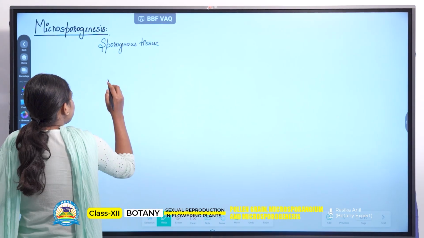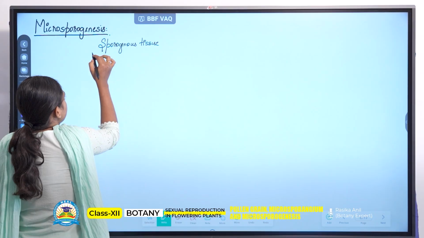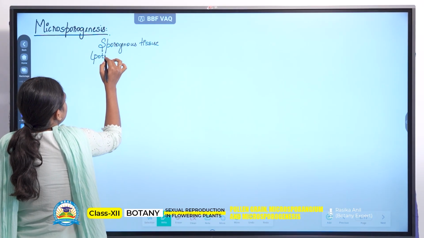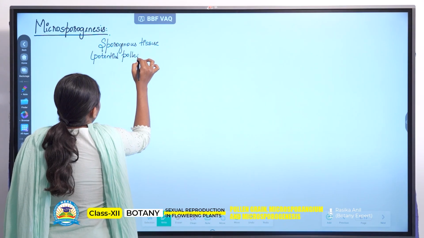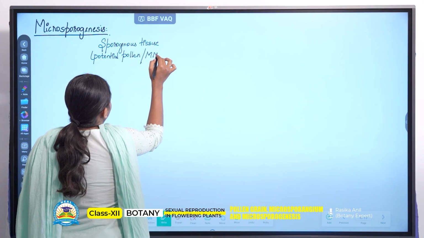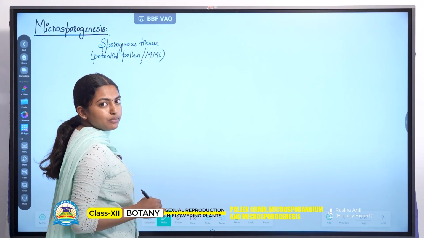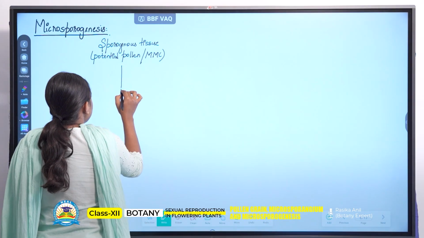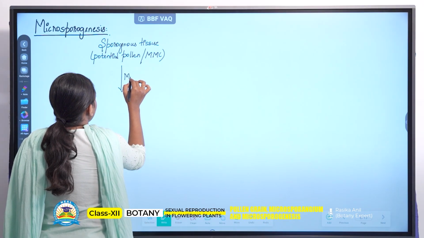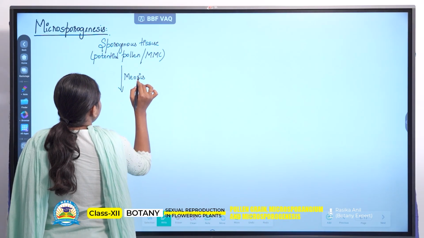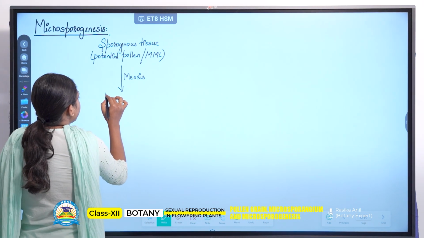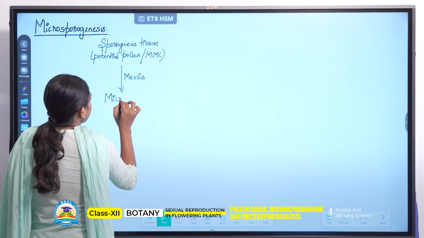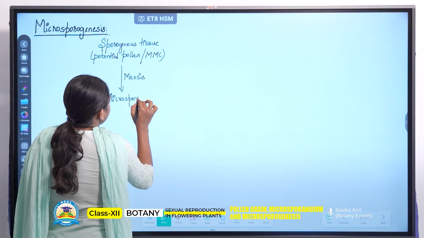This sporogenous tissue has one more name. It is also called potential pollen or the microspore mother cell, I'm writing it as MMC, right? This one will undergo meiosis. Meiosis is the reduction division. It will undergo meiosis and form the microspore tetrad.